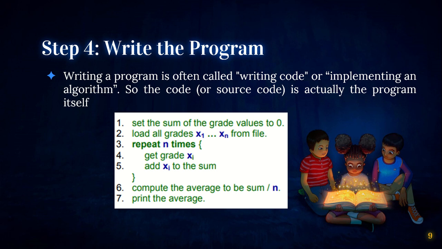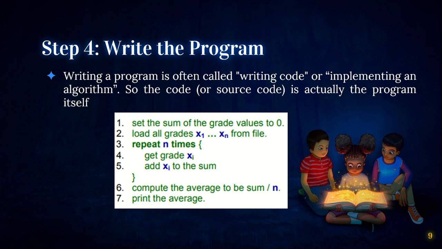The fourth one is writing the program. Writing the program is the next level of the algorithm. We give the input and get the results, and the processing phase is aligned with the algorithm we have seen.